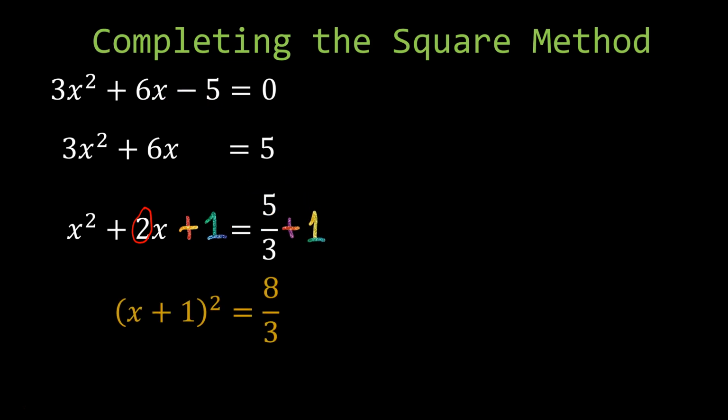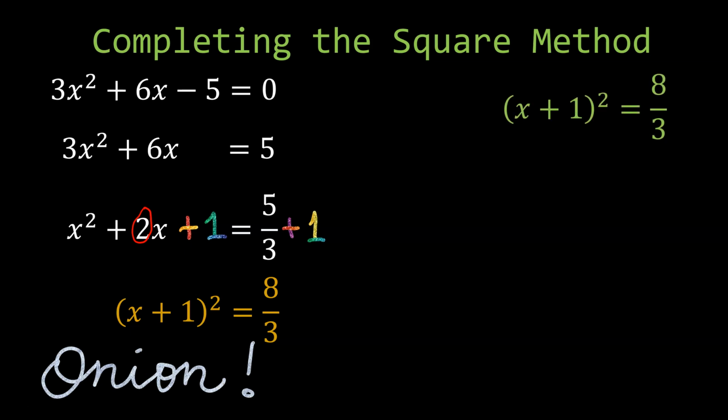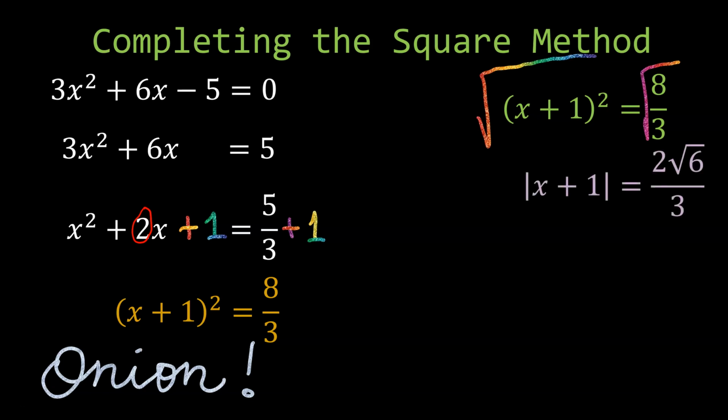So on the right-hand side, I have 8/3. On the left-hand side, I have a perfect square. And that becomes an onion problem. And how do we deal with onions? Peel off the layers, right? So to undo the square, we will square root both sides. Square root of something squared is the absolute value.